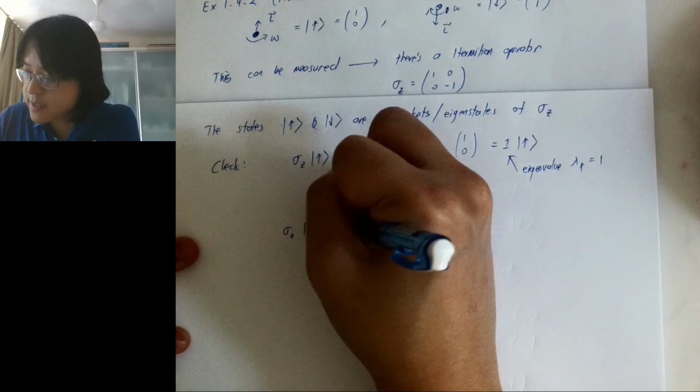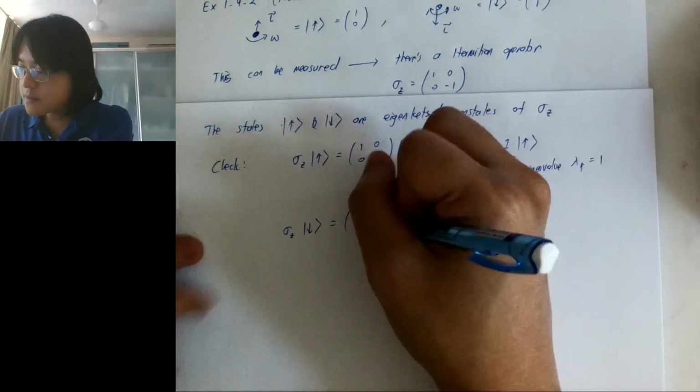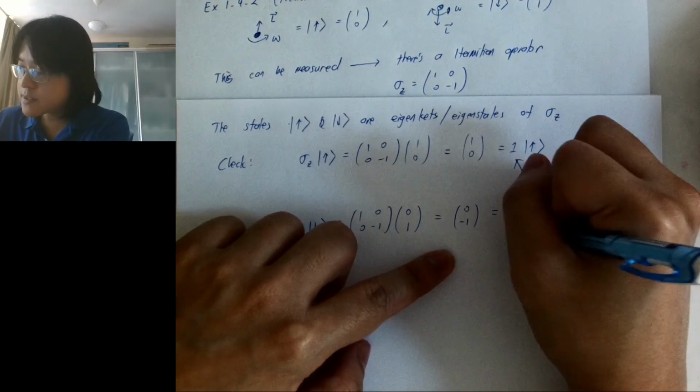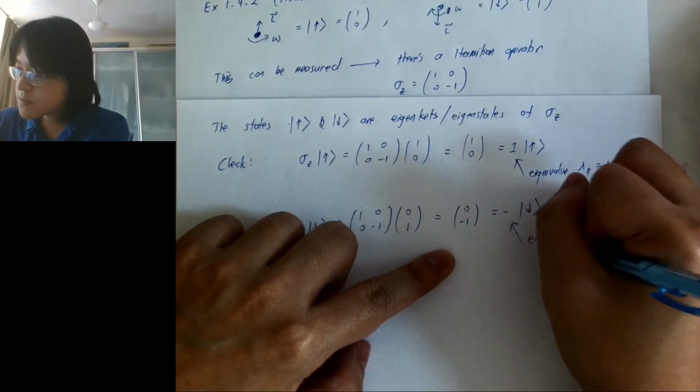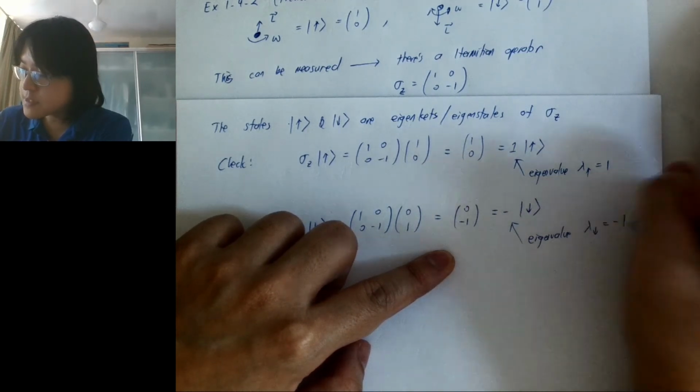Okay, so you can try on the other one. The other state is [0; 1]. You act the operator [1, 0; 0, -1] on this state, now you get [0; -1]. So this is actually a minus of this. So this eigenvalue, I'll just call this lambda down, is negative 1.